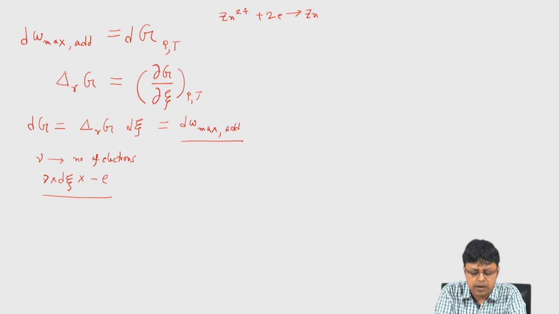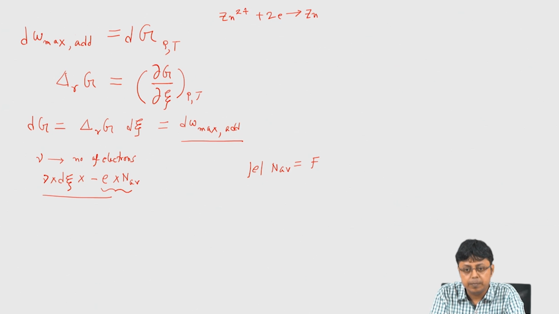For 1 mole of this reaction, it will be just multiplied by the Avogadro number. So, this quantity, electronic charge multiplied by Avogadro number, as you already studied, is a constant which we call 1 Faraday. Then we can write that the total charge that has flown for 1 mole of the substance, for an advancement equivalent to d xi, will be nothing but minus nu F d xi.